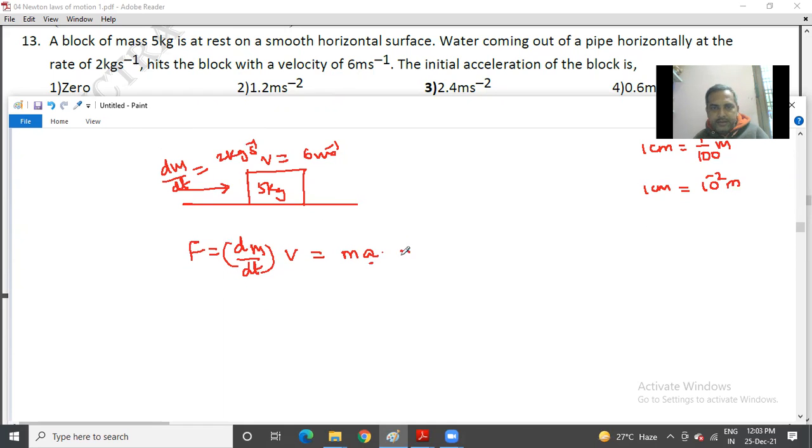Now dm by dt is given as 2 kg per second, velocity is 6, mass of the block is 5, times acceleration. So this is 12 by 5. Acceleration is equal to 12 by 5, which is 2.4 meters per second square. Third option is correct. Let us proceed with the next question.